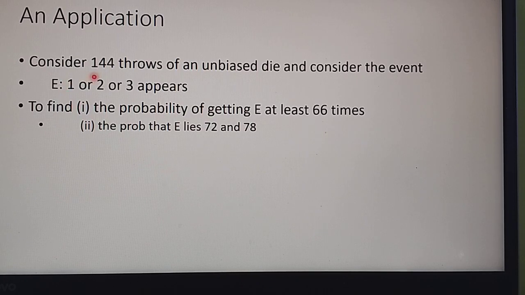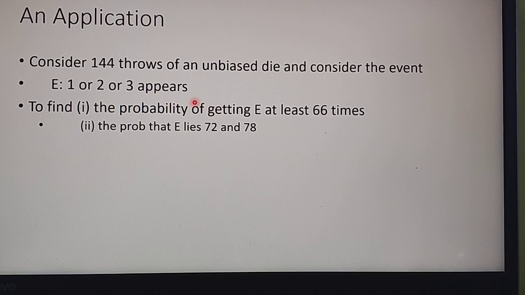Now consider 144 throws of an unbiased die and consider the event E: 1 or 2 or 3 appears. So when you throw the die, this is the event that a number less than 4 appears.